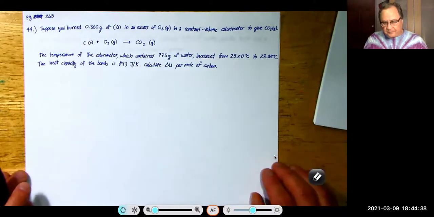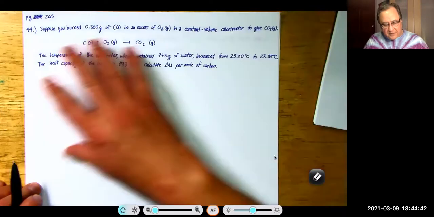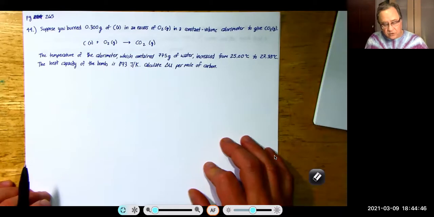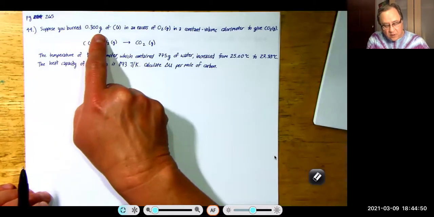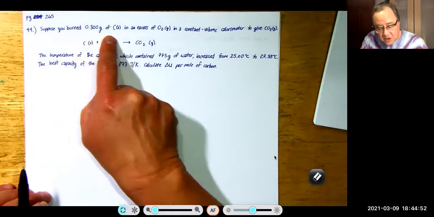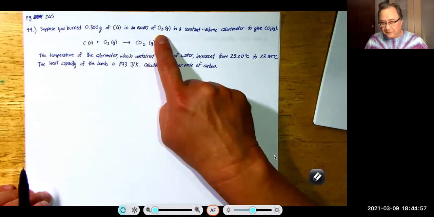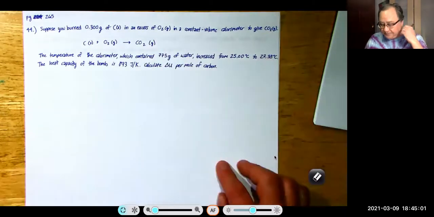Okay, so let's take a look at this problem here and see how we do this one. So suppose you burn 0.300 grams of carbon solid in excess oxygen gas in a constant volume calorimeter to give CO2.